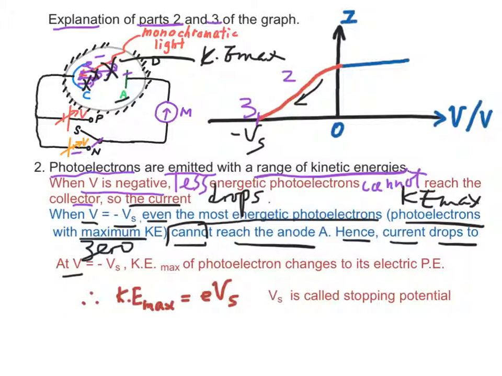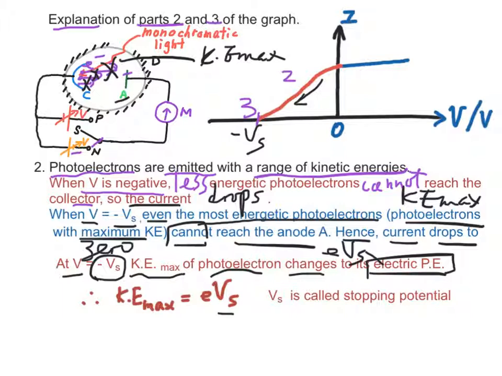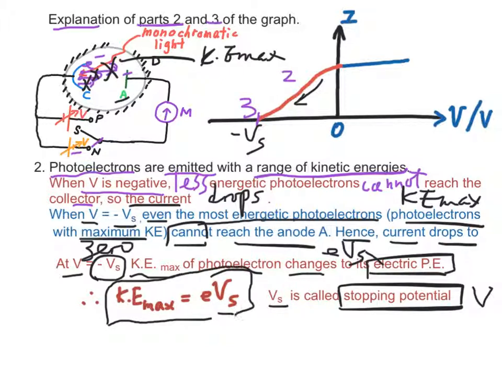At V equal to negative Vs, the maximum kinetic energy of the photoelectrons changes to electric potential energy with value equal to eVs, where Vs is called the stopping potential with unit in volts. Therefore, maximum Ke of photoelectrons equals eVs. This equation is very important.